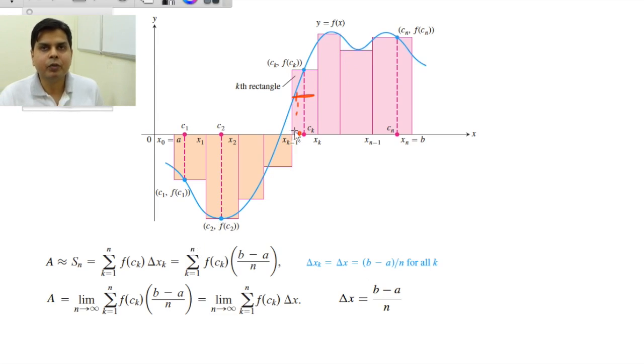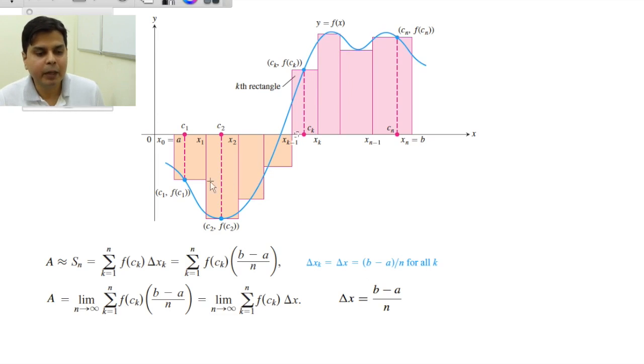But you get one visual explanation: if I go on increasing my n, that is, the number of rectangles, then all these rectangles will sit on very, very tiny bases. They will become very, very small. So these rectangles will finally cover the curved surface, this curve y equals f(x).